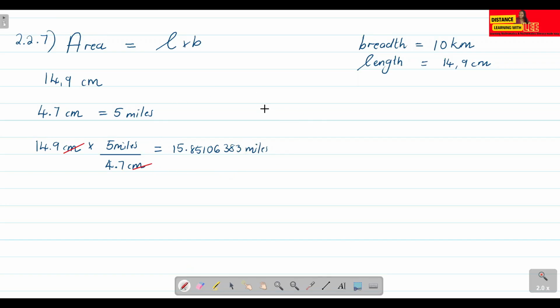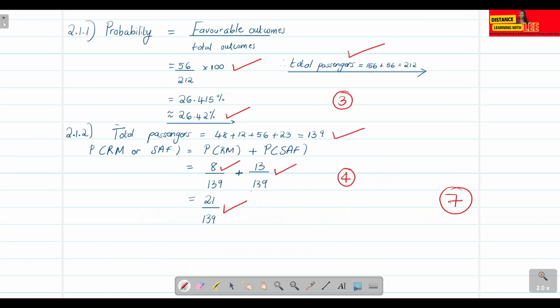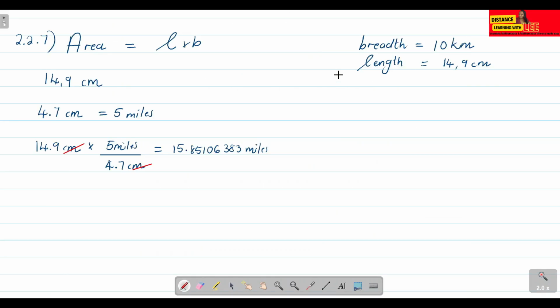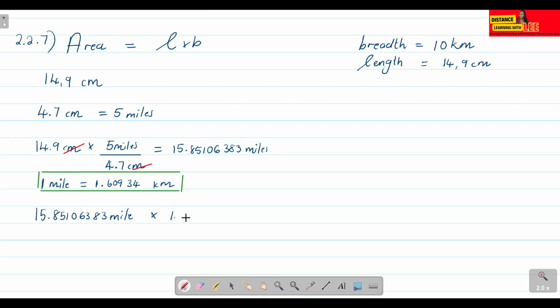However, we still need to convert these miles into kilometers. And remember, we were told that 1 mile is equal to 1.60934 kilometers. So we're going to use this to convert these miles into kilometers. You multiply by what you want, which is your units in kilometers, and you divide by what you have, which are your units in miles.